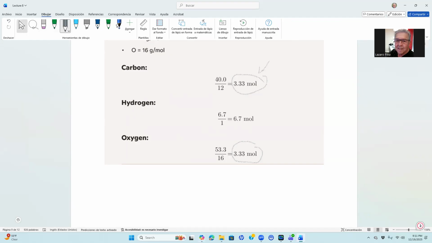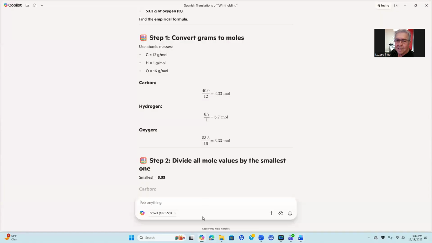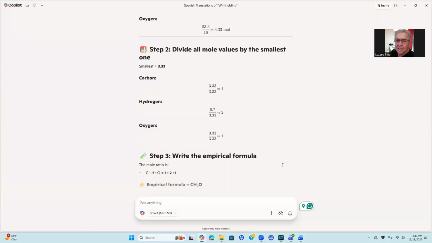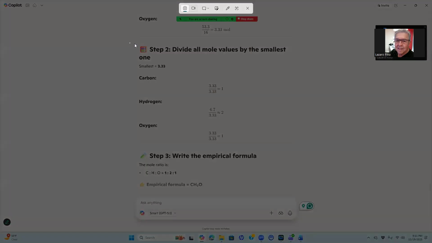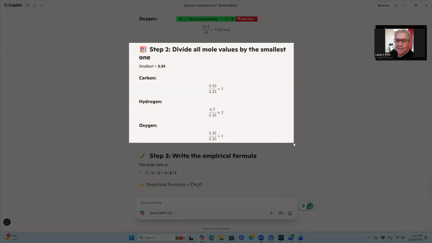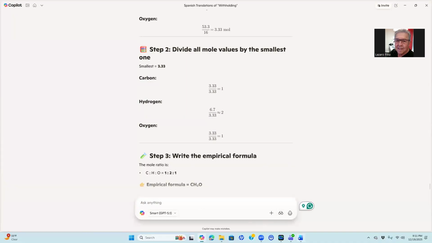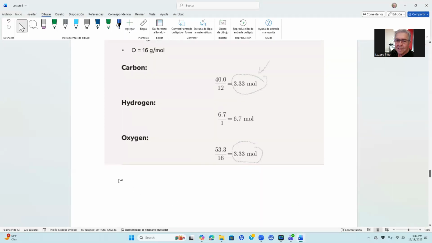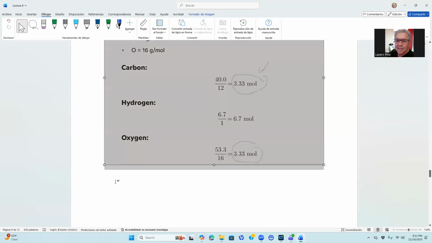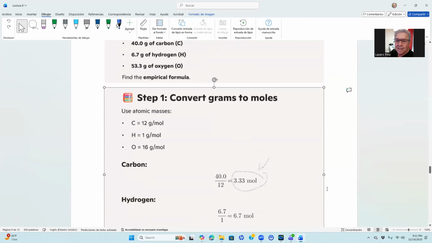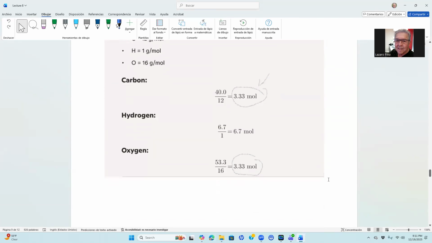Okay, let me tell you what to do in the following step. Then you divide all the values that you got from the moles calculation by the smallest number of moles that you got in this calculation.